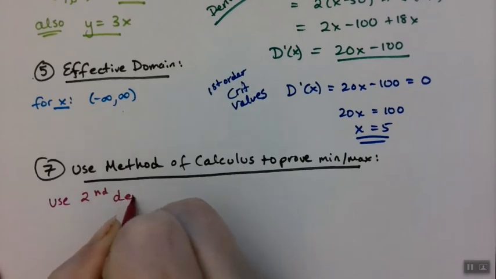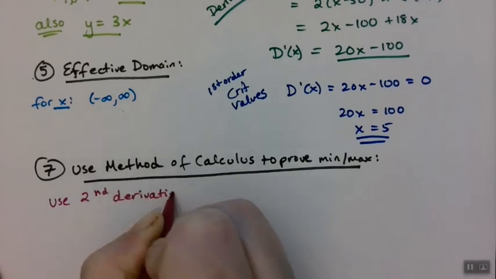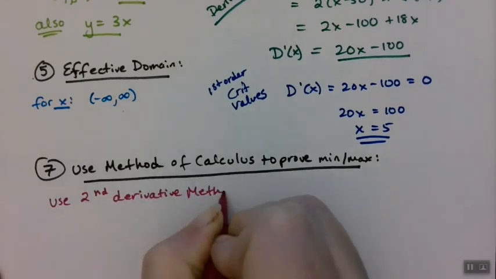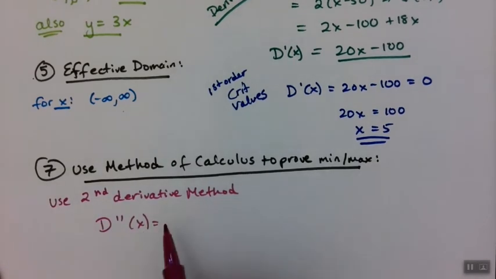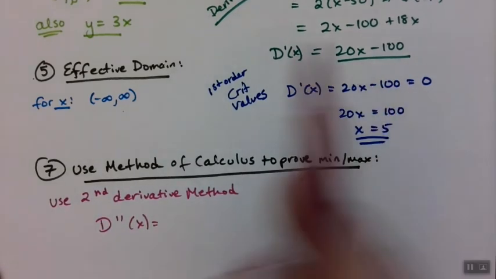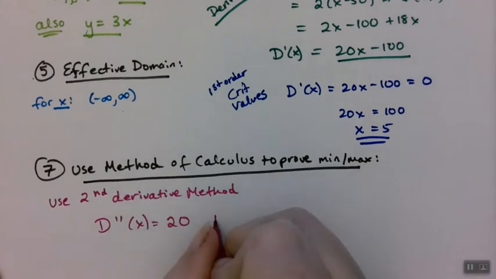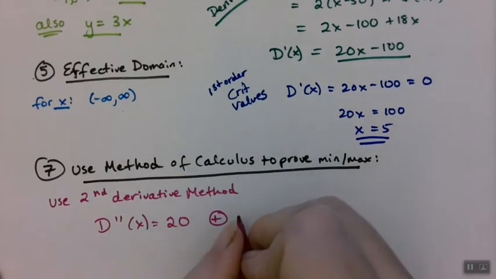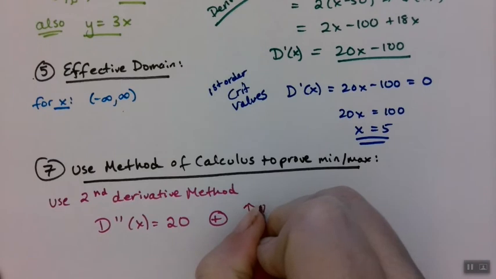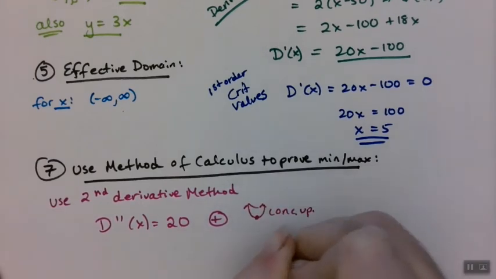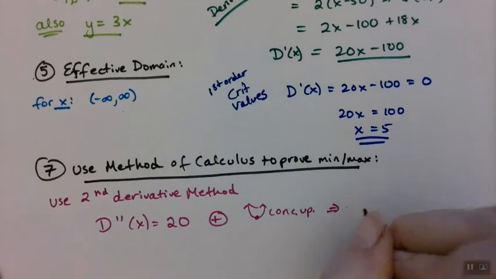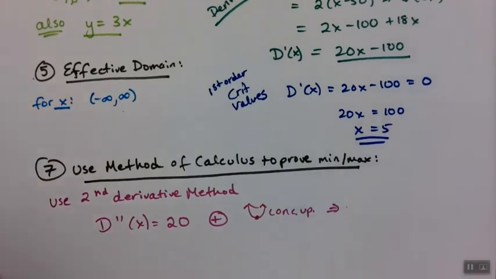So the second derivative method is really easy on this one, because the second derivative, d double prime of x, would be equal to just 20, right? Well, 20 is positive no matter what x value I put in. That means that it's concave up, and since it's concave up, that means that the critical value, x equals 5, must be a minimum.